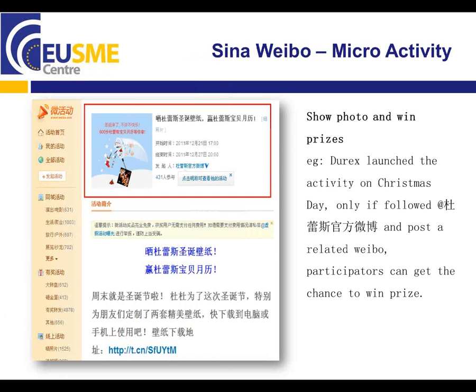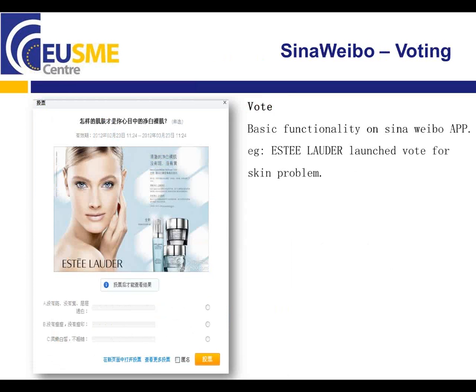You can show pictures and win prizes and share pictures. So we were managing a campaign for Durex last Christmas, and when people retweet some of the content, they can win prizes as well. So winning prizes is a very good way to engage potential customers.